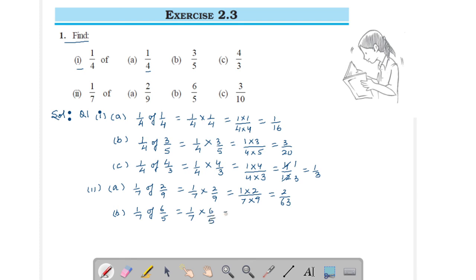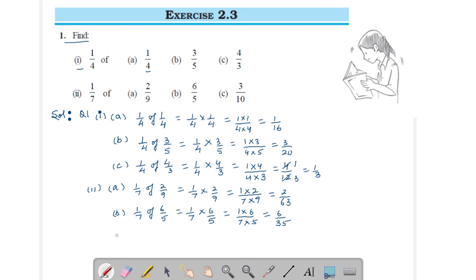Here multiply numerator by numerator, that is 1 into 6 upon denominator by denominator, that is 7 into 5. What will you get? 1 into 6, it is 6 upon 7 fives are 35. Your answer is 6 upon 35.